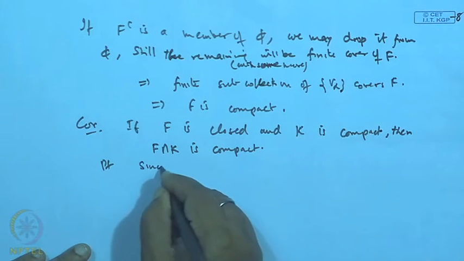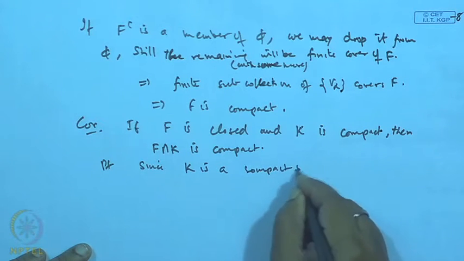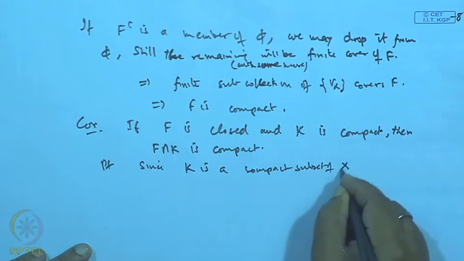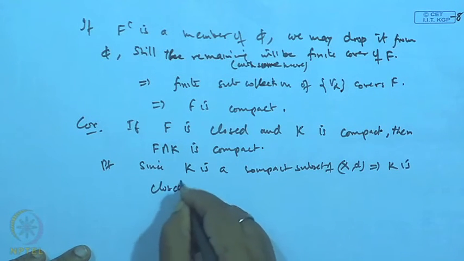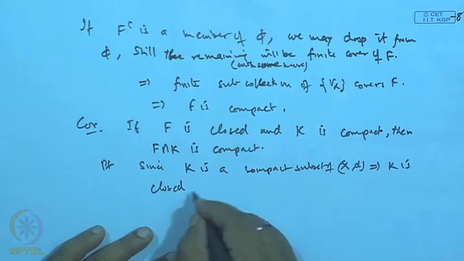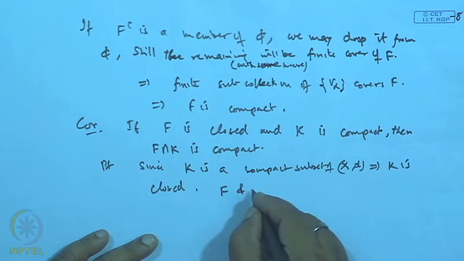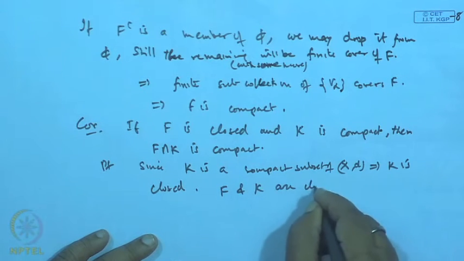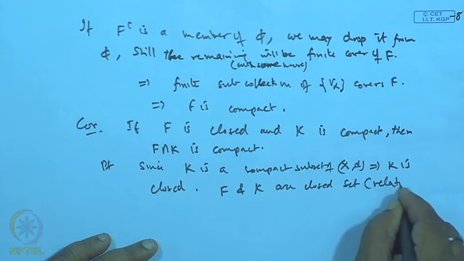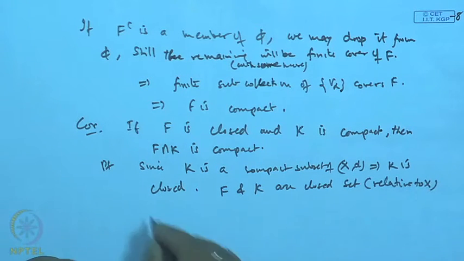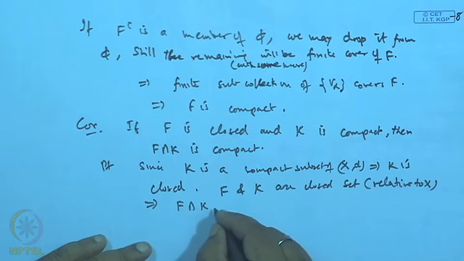So, since K is a compact subset of, say, a metric space X, d, it implies that K is closed. Further, F and K are both closed sets relative to X. So, this implies that the intersection of two closed sets is closed.